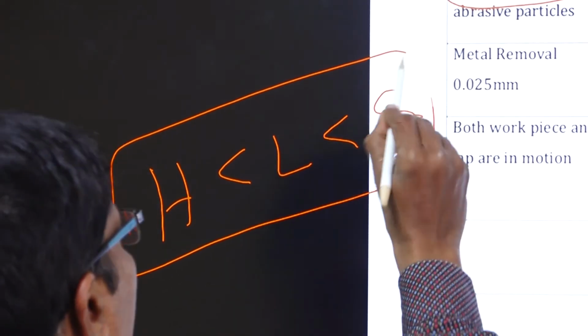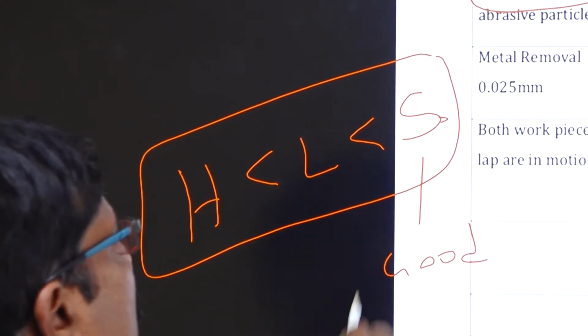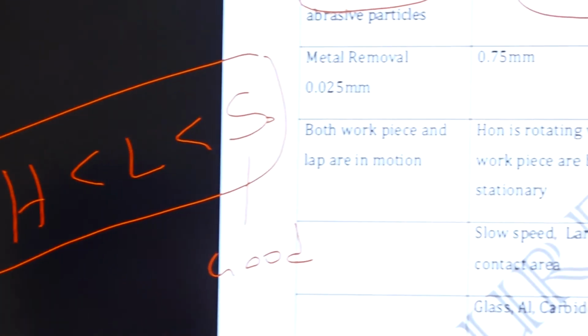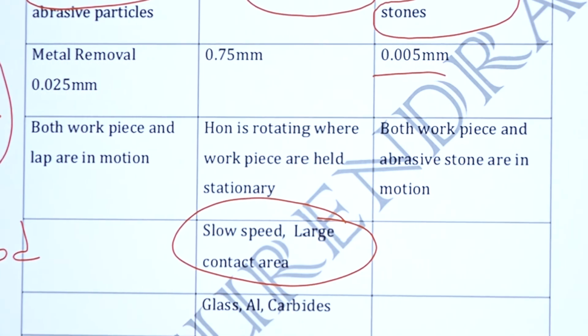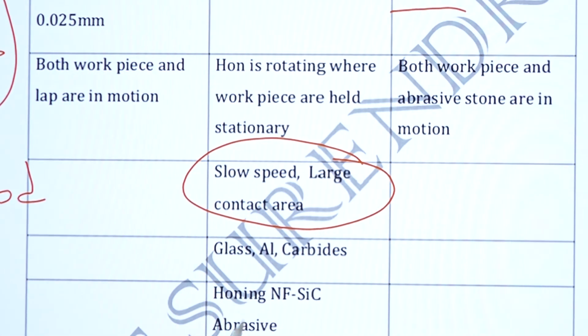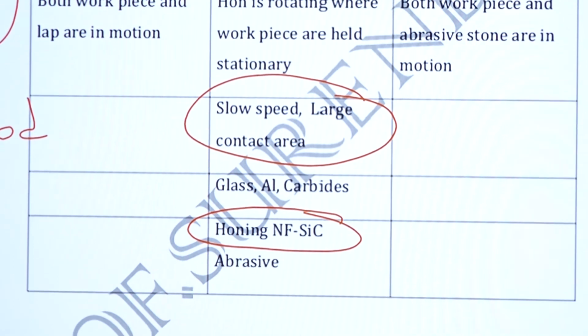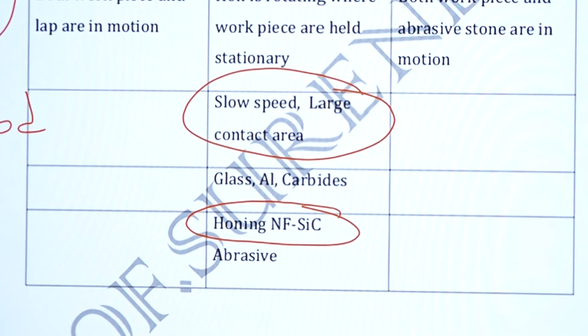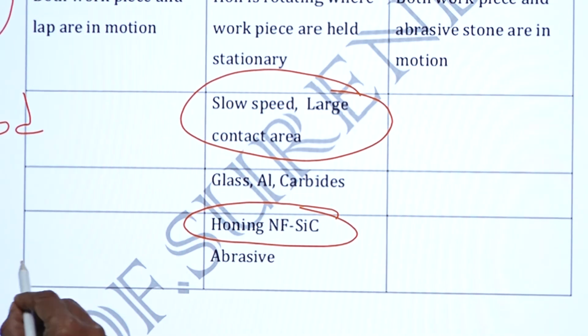So in super finishing, a good surface finish can be obtained. In honing, there is slow speed and a large contact area. For honing non-ferrous metal, silicon carbide abrasive is used.